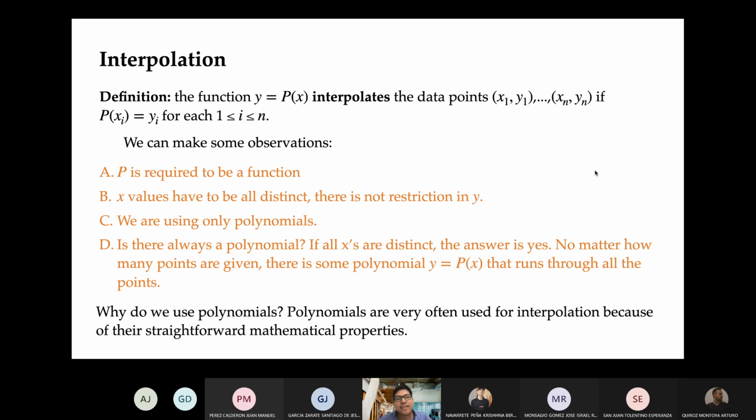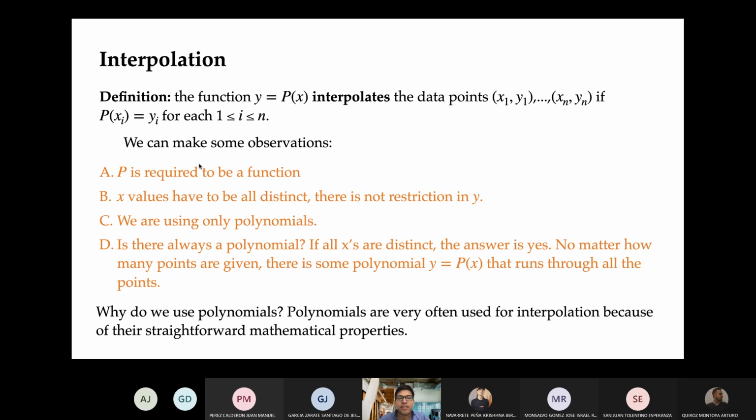Okay, that would be the definition of interpolation. So we are just going to create a polynomial passing through the data sets. And also, of course, as I told you, you're always going to have one degree less in this case.